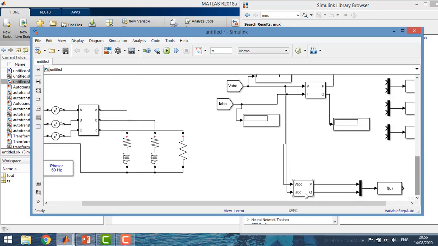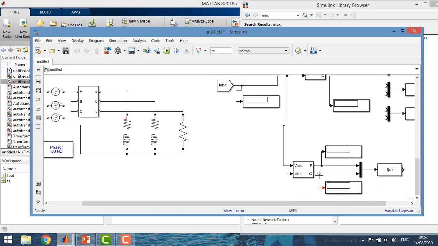Well, this one is showing us the combined active and reactive power. So different blocks with different functions.